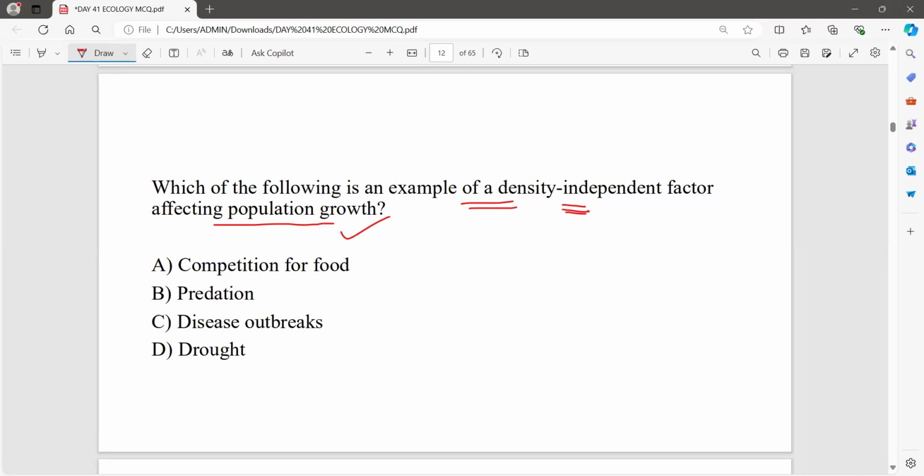These are all the most crucial questions when it comes to community ecology. Density independent factor.